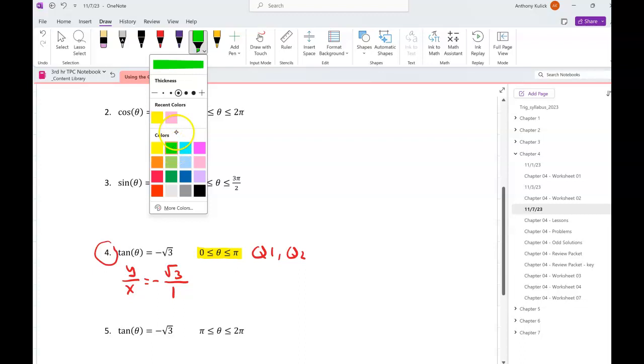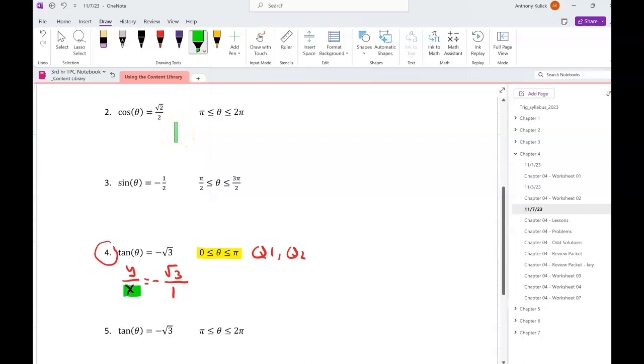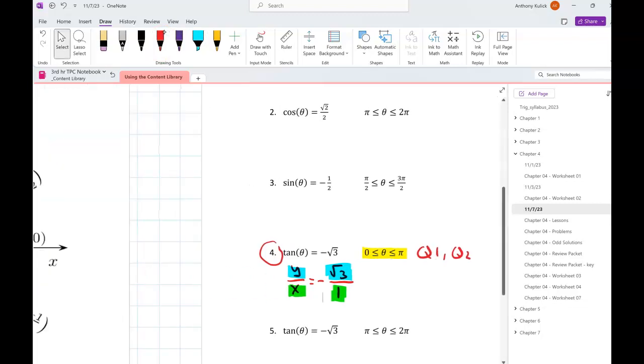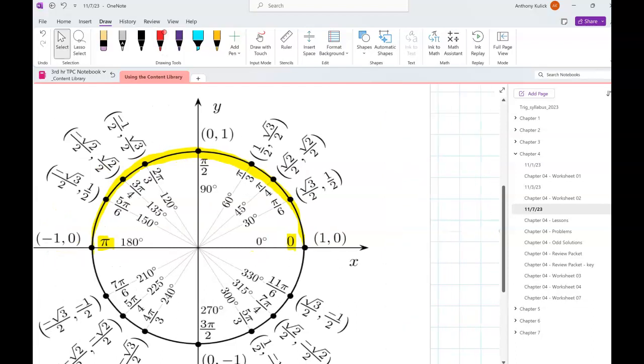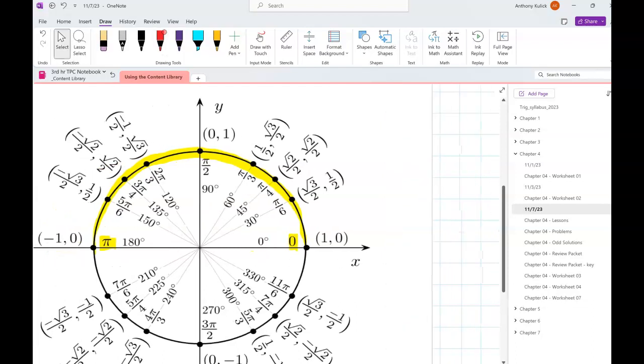So what it looks like is that I'm looking for the place where x is 1 and y is the square root of 3. Well, if I look at my unit circle, there's no place where the x coordinate is 1 and the y coordinate is square root of 3.